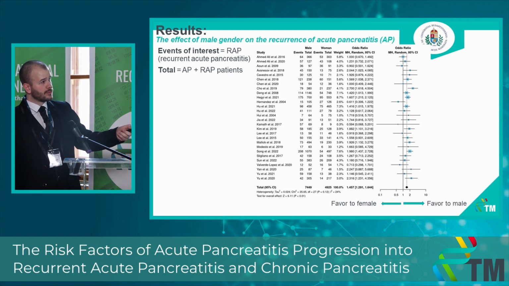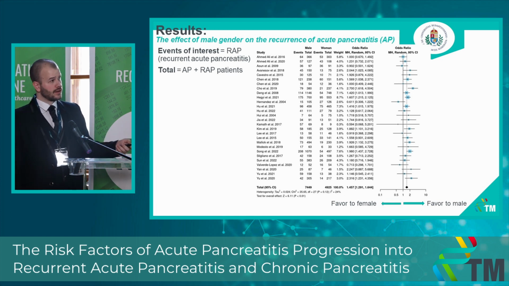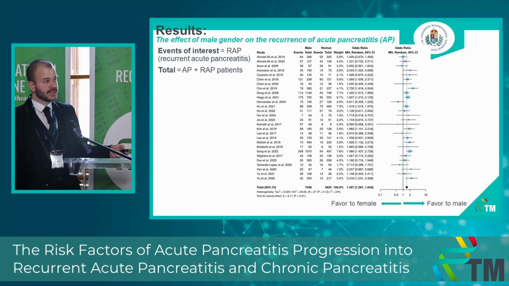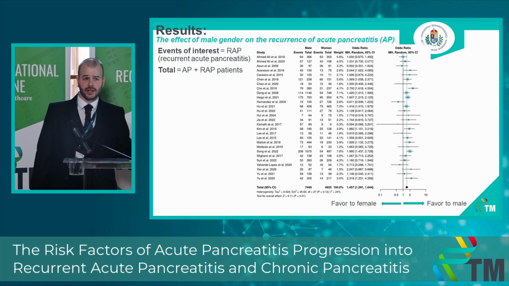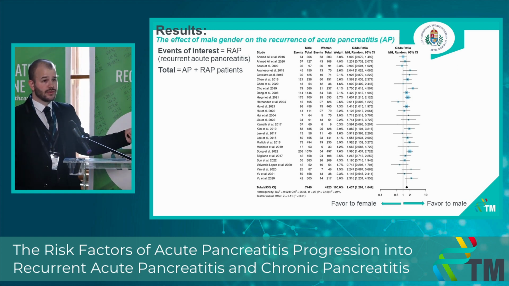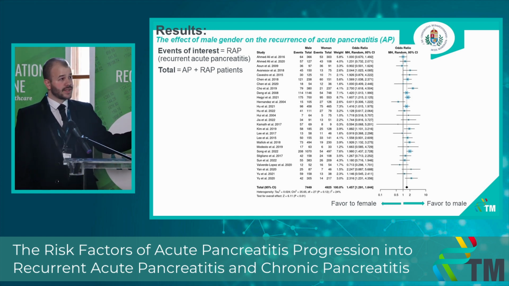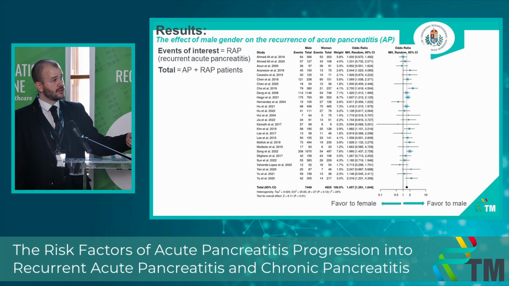The exposure group consists of male individuals, while the comparison group includes females. The event of interest is the development of recurrent acute pancreatitis. As we anticipated considerable between study heterogeneity, a random effect model was used to pool effect sizes, and for the effect size measure, we used odds ratio with 95% confidence interval.